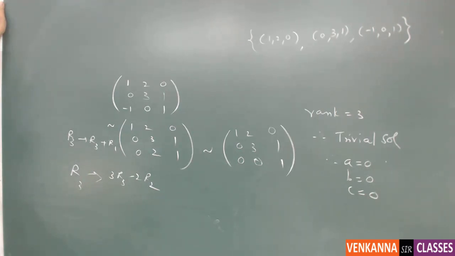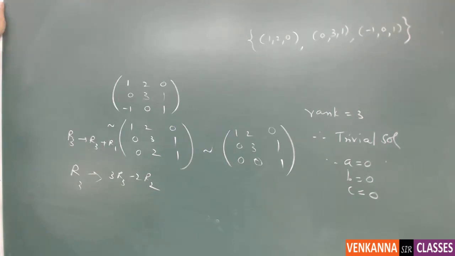So from this perspective, whatever the number of equations given for us, we simply go with the matrix and calculate the rank. If the rank is equal to the number of variables, then the homogeneous system will have only the trivial solution, so the scalars are nothing but 0. So the given set of vectors will become linearly independent.